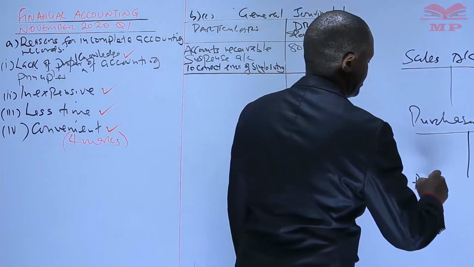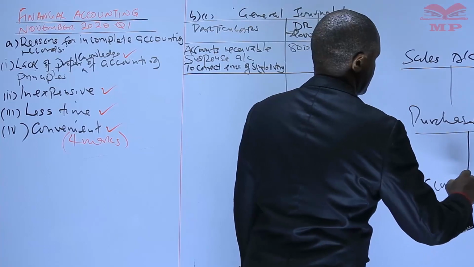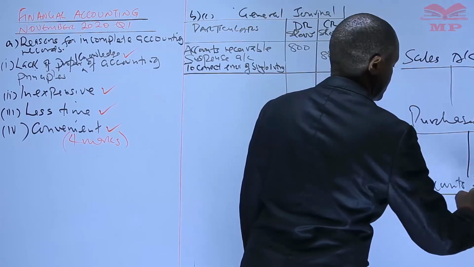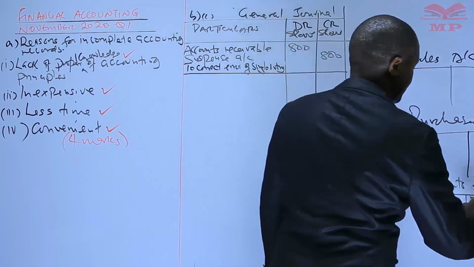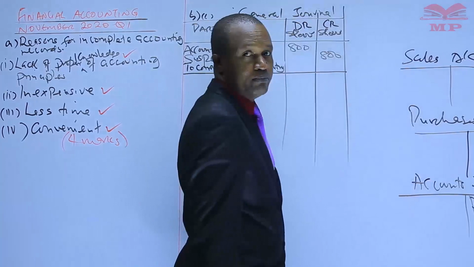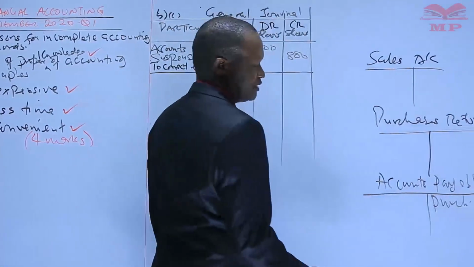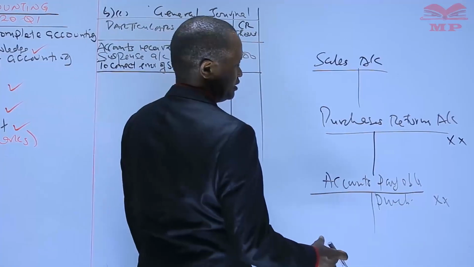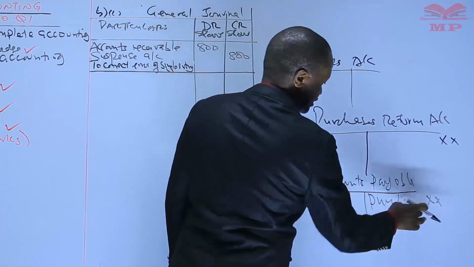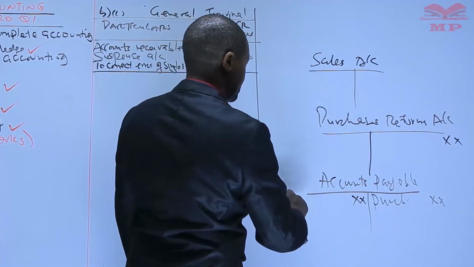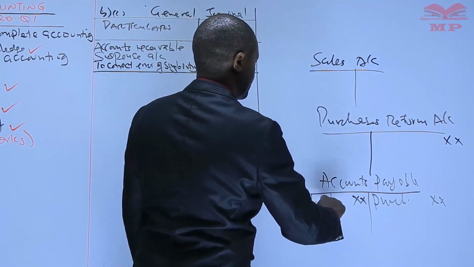Because the accounts payable, when purchases are made, this account is credited. But when making a return, that means this balance has to be reduced. So this account is debited with purchases returns.